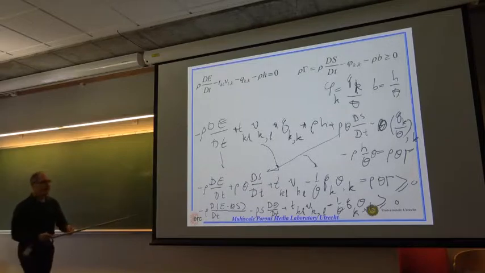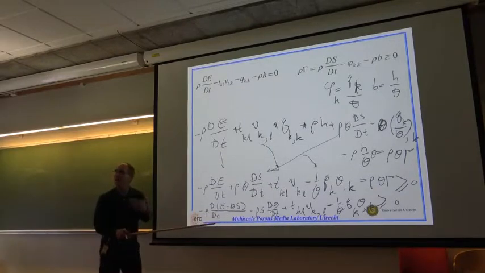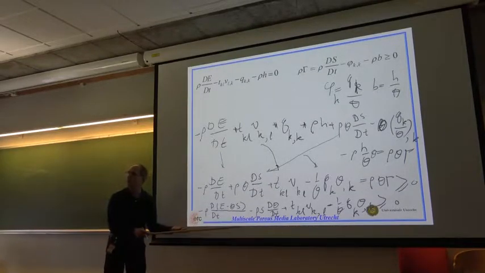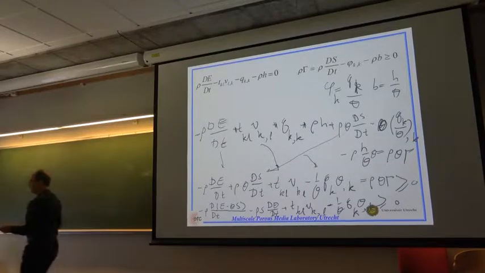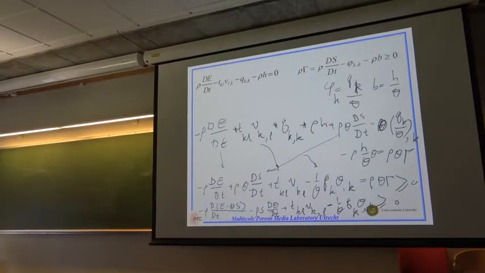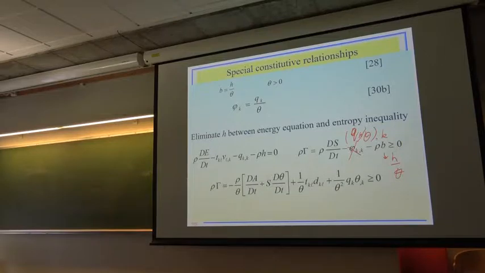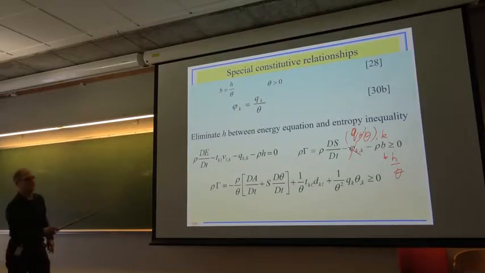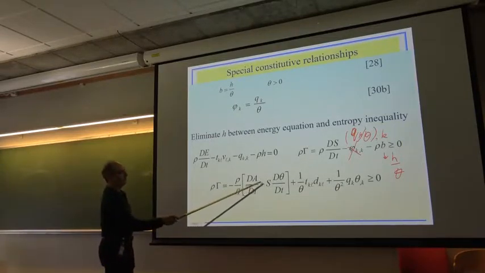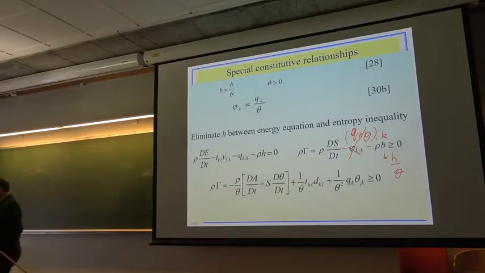It says that this combination always appears together in the production of entropy. So I get this equation now as the final result, where A is defined to be the Helmholtz free energy, defined to be internal energy minus temperature times entropy. Okay?